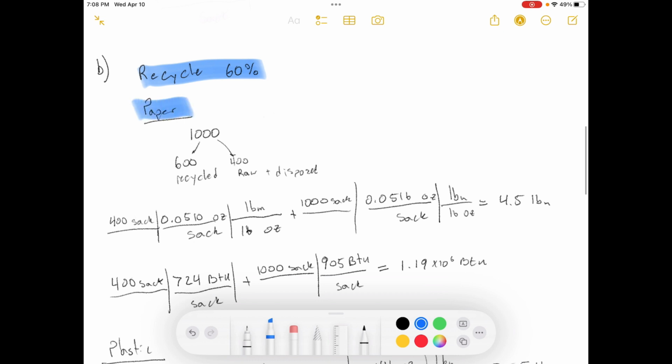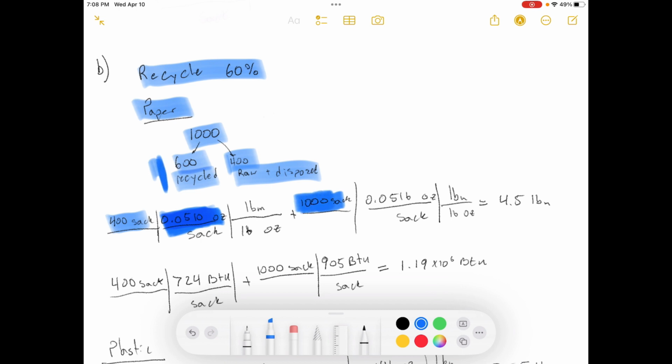We have paper. We're recycling 600, and we're getting raw materials for 400. Okay? So 400 sacks are being, this is only the raw materials production and disposal, right? And then we add 1,000. Well, you say, oh, wait, how come we're not doing 600?